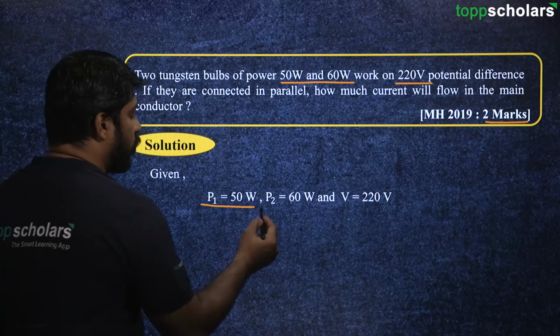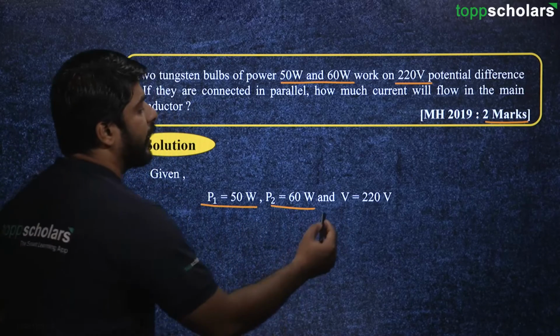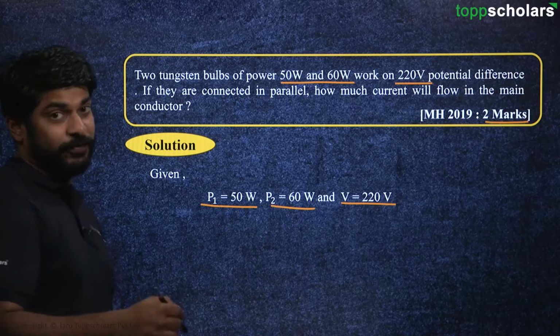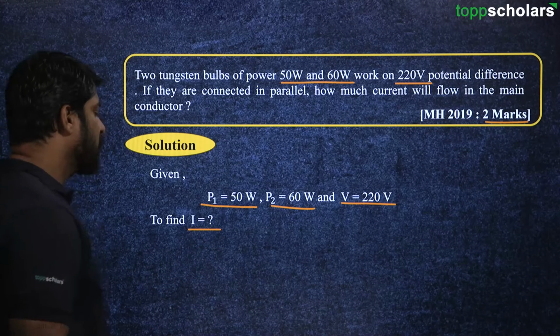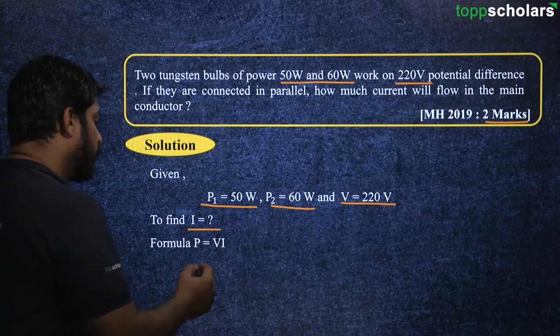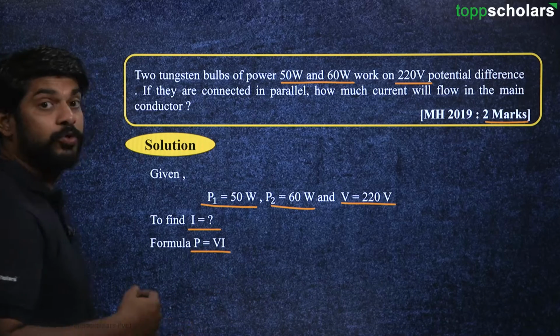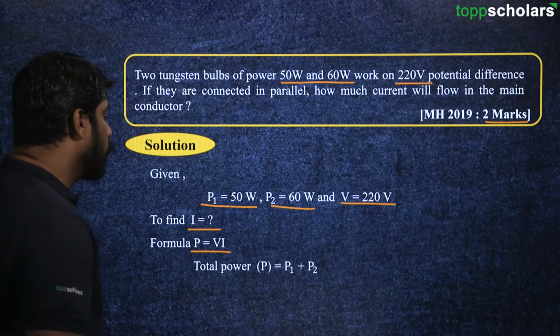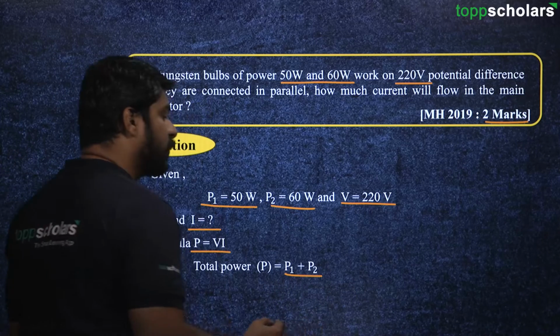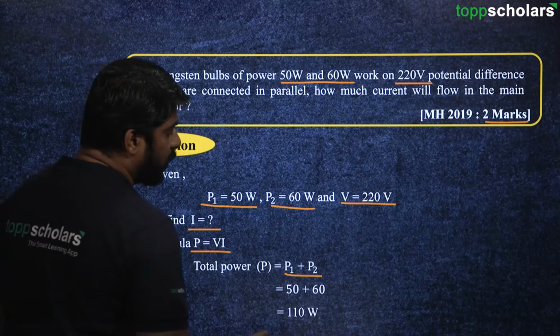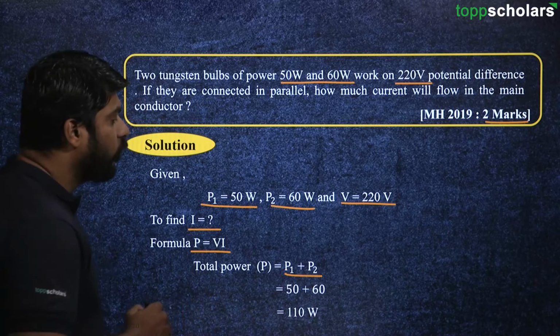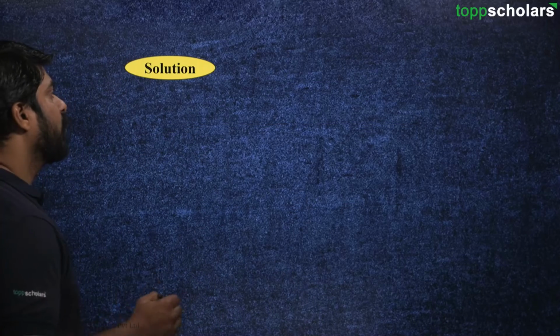Here the power of both the bulbs is given and the voltage at which they work is also given. So, we have to find out the current, right? The formula as we know is power P = V × I, right? Total power is P1 + P2, which is nothing but 110 watt. So, total power we have calculated.